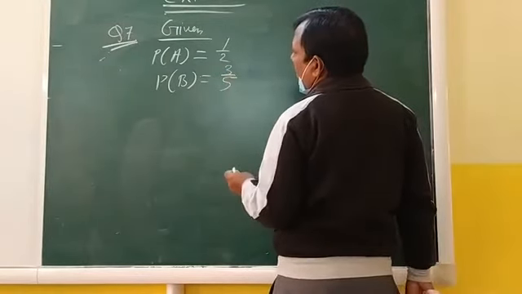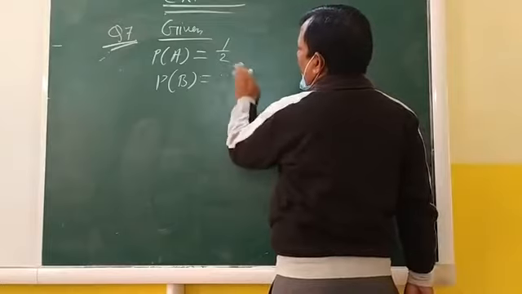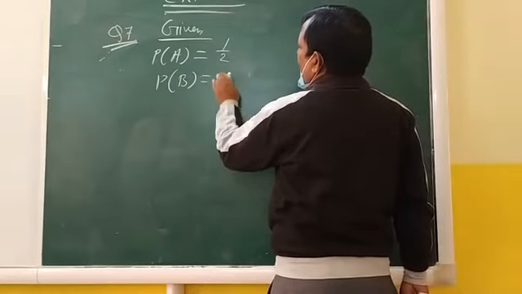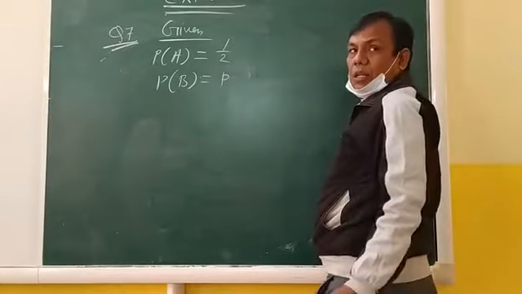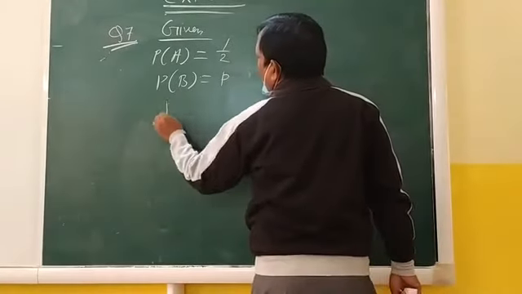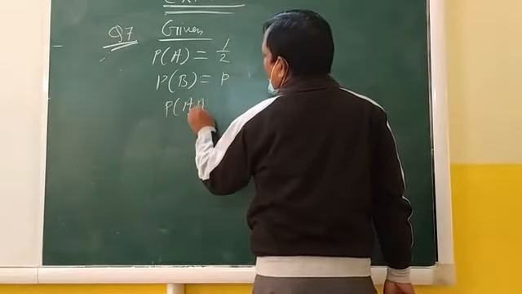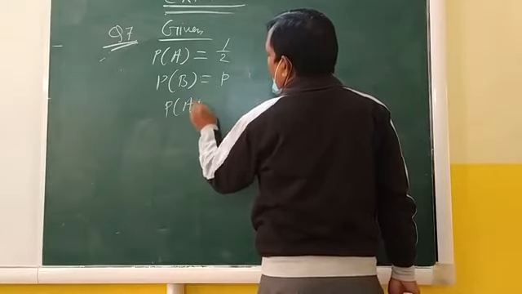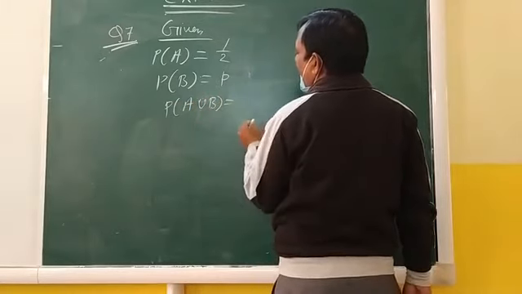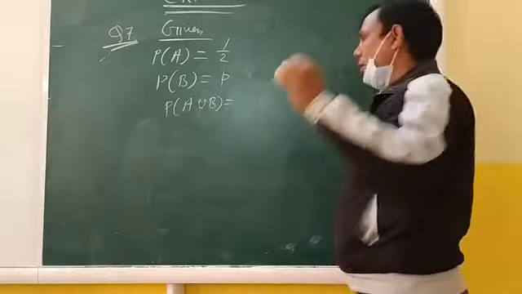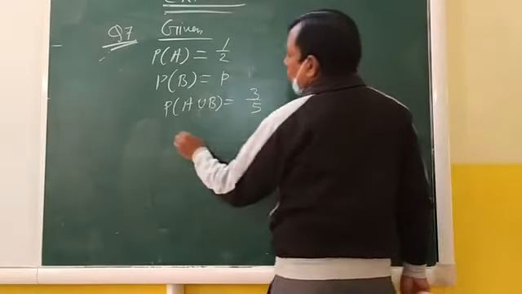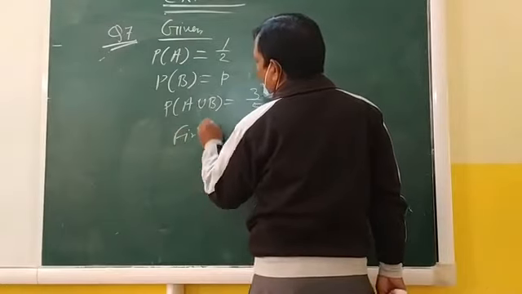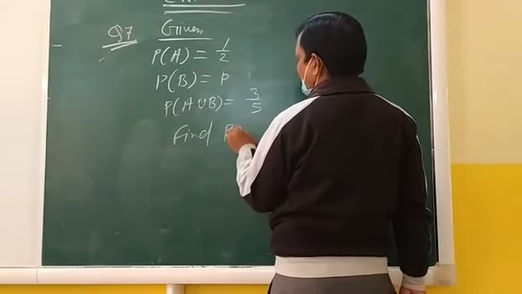Now, what is P(A union B)? A union B is given as 3 by 5. And what we have to do? Find p.